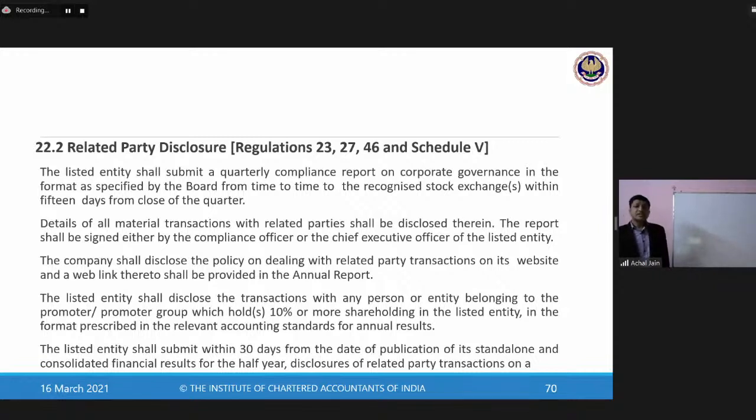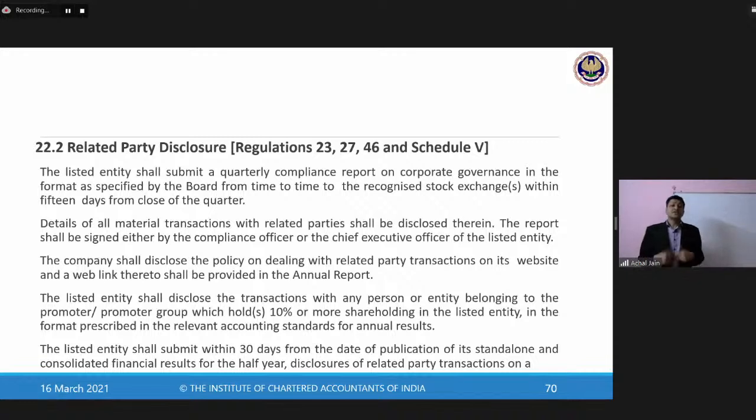The listed company shall disclose the transactions with any person or entity belonging to the promoter or the promoter group, which holds 10% or more shareholding in that company, in the format prescribed by the relevant accounting standard. Now it's again requiring the disclosure in respect of related party transactions, and specifically this disclosure is required for the promoter or the promoter group, wherein that promoter or promoter group is holding 10% or more of the shareholding.